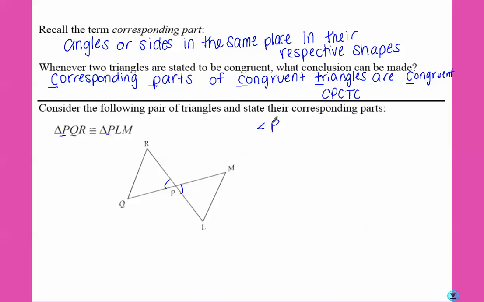So angle P is congruent to angle P. Q and L both came second, so they're congruent. R and M came third, so they're congruent.